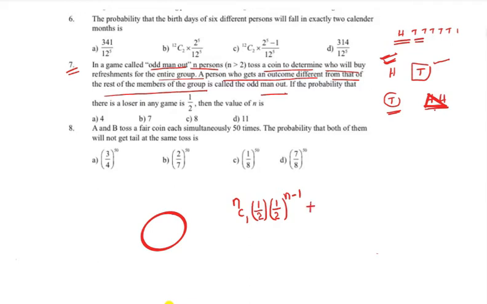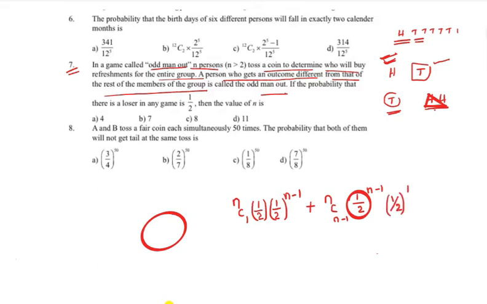That is the first case. Or the next one is nC(n minus 1). That means all the n minus 1 members show head, but this particular person which we are selecting tosses a tail. That's why 1 by 2 whole to the power of n minus 1 into 1 by 2 whole to the power of 1.